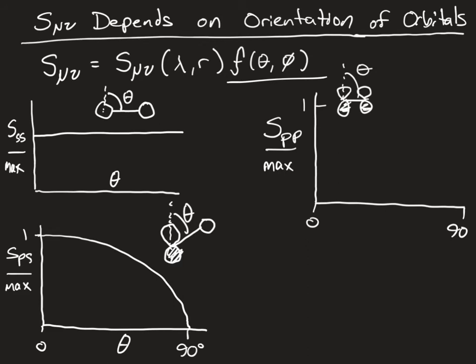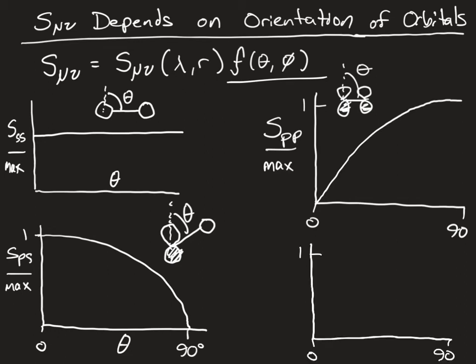There's your theta value. At a value of 0, this orbital is here, so this phase here is in this nodal structure, so it has an overlap of 0. But as you go to 90 degrees, you reach the maximum possible overlap. So it goes something like that.